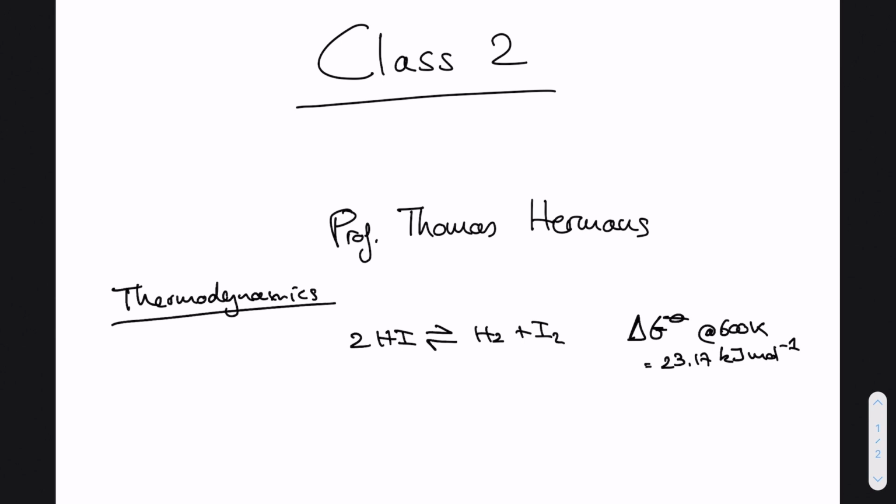Okay, so the equilibrium constant Kp can be expressed in terms of the degree of advancement of the reaction.